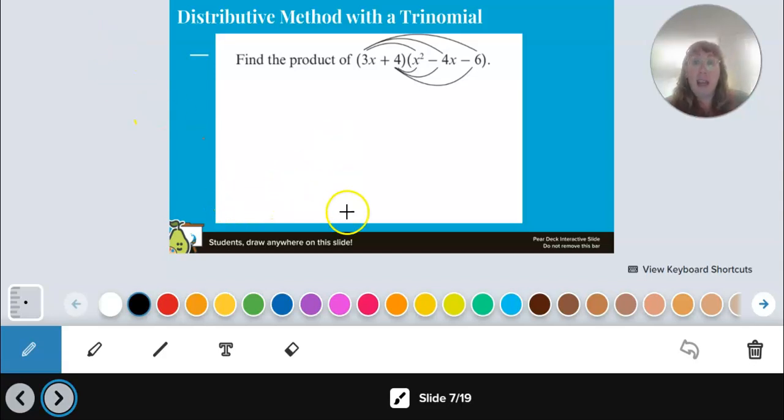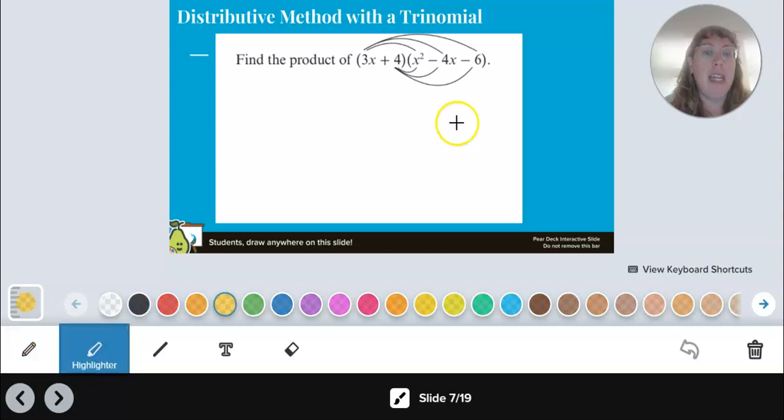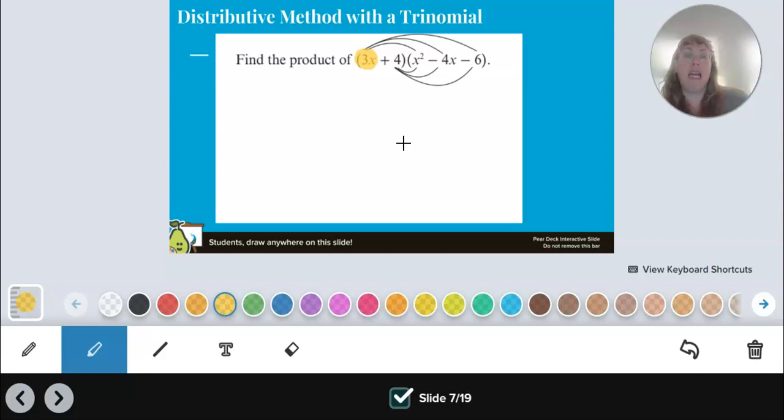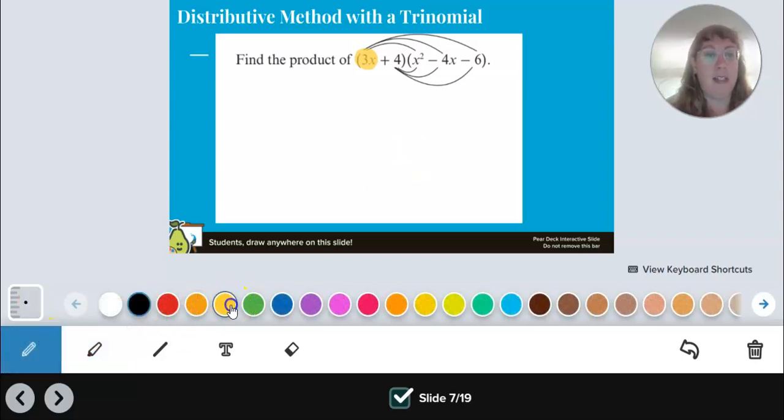Distributive property with a trinomial. So these, we can't just do FOIL because there's more than just 4 multiplies. We're not just having 4 pairs of terms that are being multiplied. We have a little more. So what I like to think of is if we start with the 3x. We have 3x plus 4 times x squared minus 4x minus 6.